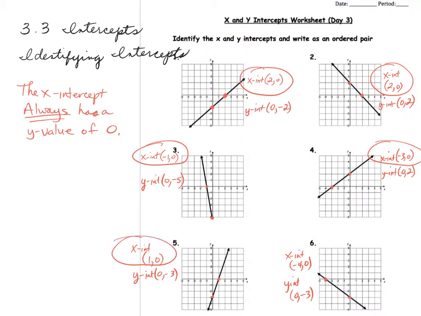All of them have y values that are 0. What that means is they lie on the x-axis because you're not moving up or down in the y direction. So it makes sense that it's a 0 in the y coordinate because you're not moving up or down.